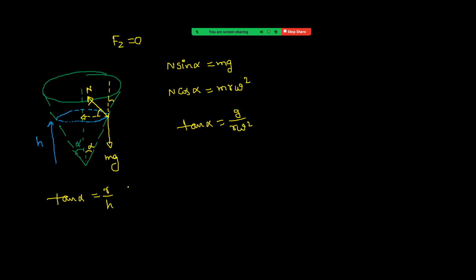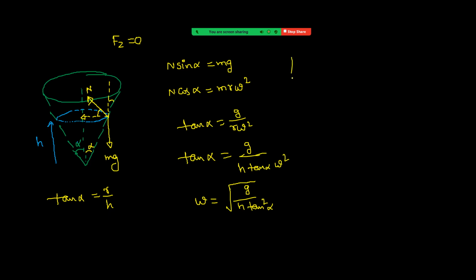If you want to eliminate r, in the place of r we can write h tan alpha, because alpha is given. So in terms of alpha and h, tan alpha is g by h tan alpha into omega square. Therefore, omega equals root of g by h tan square alpha, right?